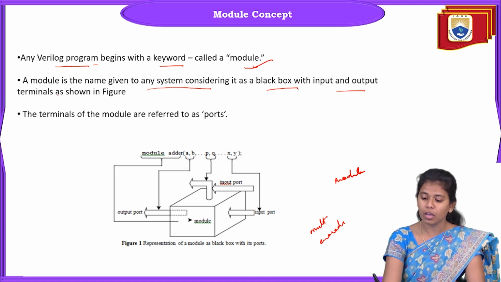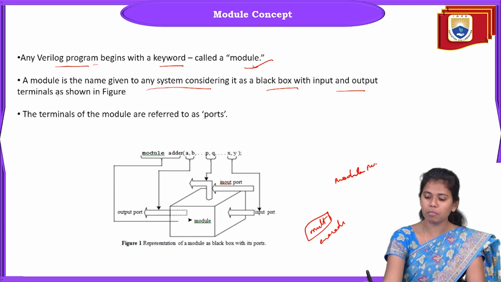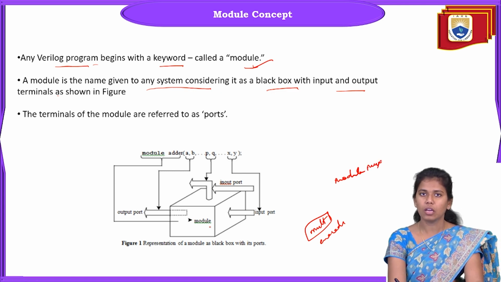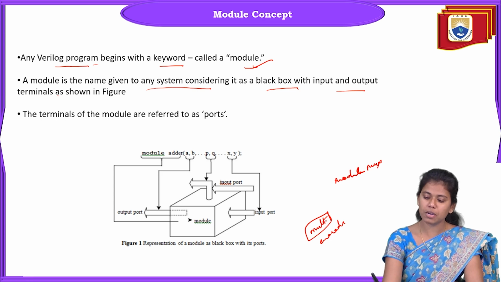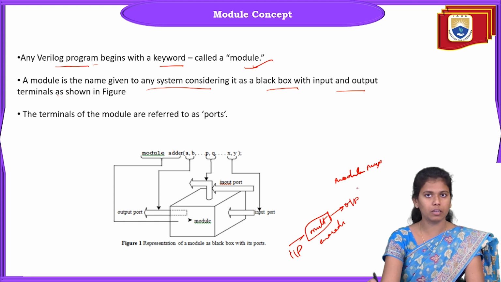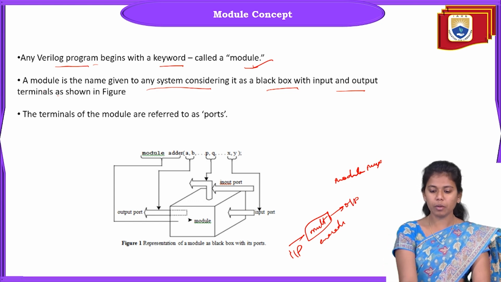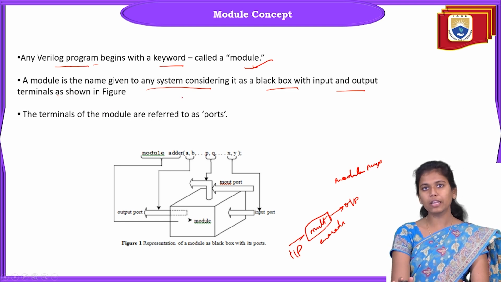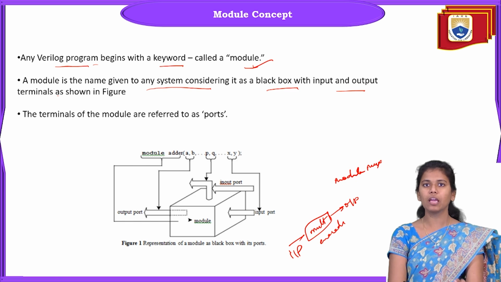I am giving the name to a multiplexer as module mux, considering the system as a black box. This multiplexer consists of some particular inputs and some particular outputs, the input and output terminals. So a module is a name given to a particular system, considering its inputs as well as its outputs.